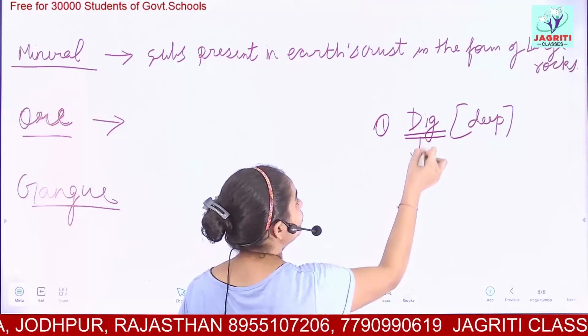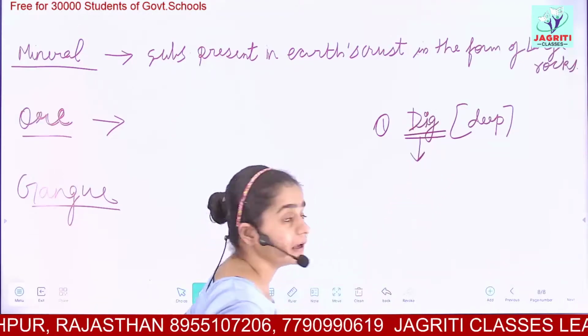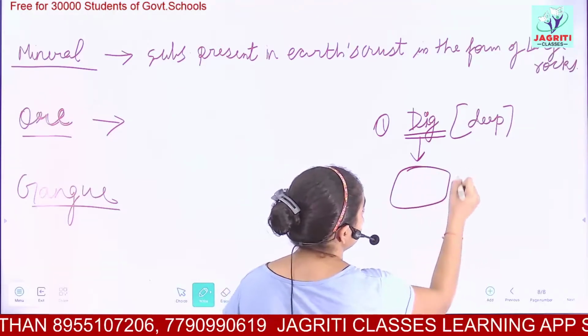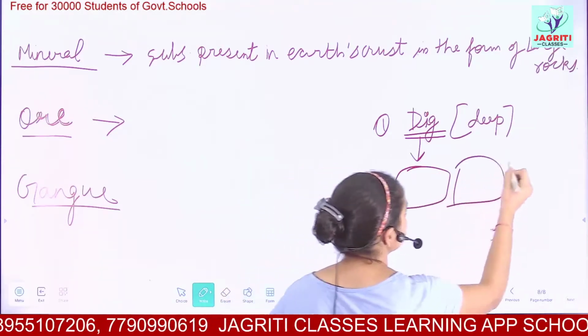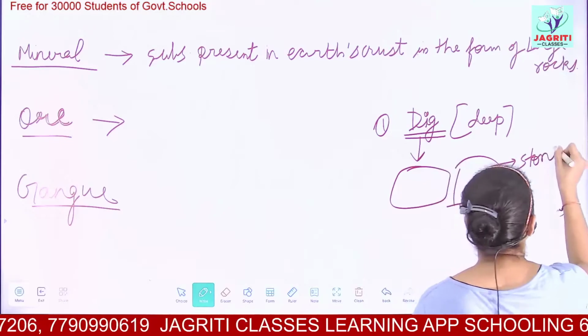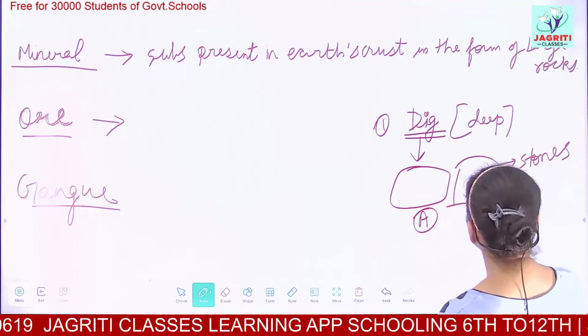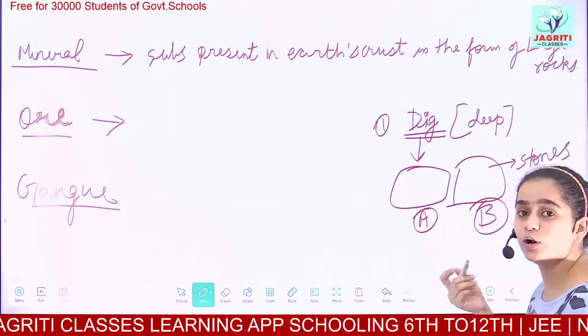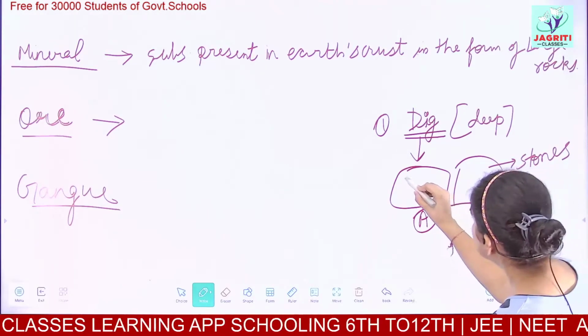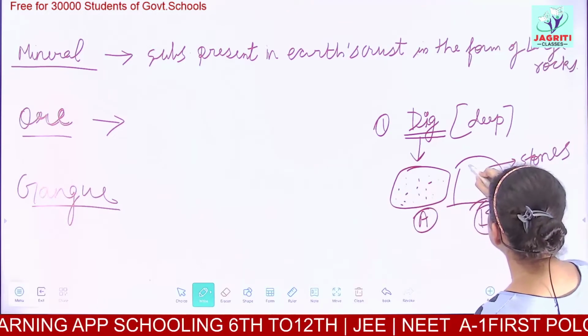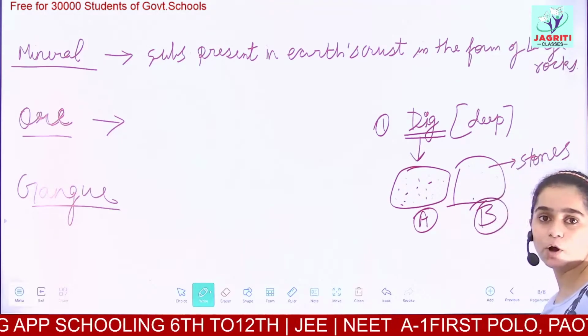Then what you do is, you will obtain stones. You will see some stones which contain gold. Let's suppose I found two rocks which contain our metal gold. Gold is a metal, so this one contains the maximum amount of gold, and this rock has very less amount of gold.